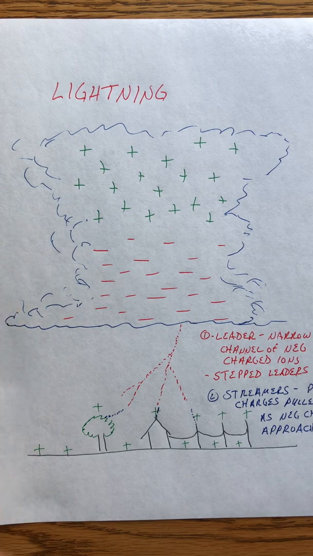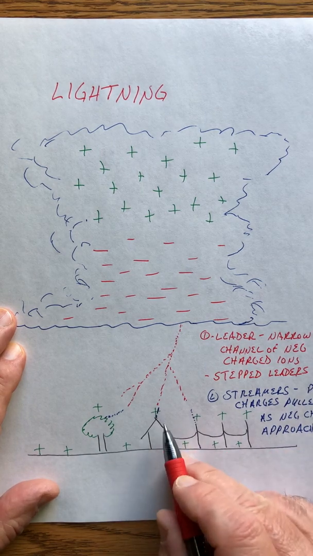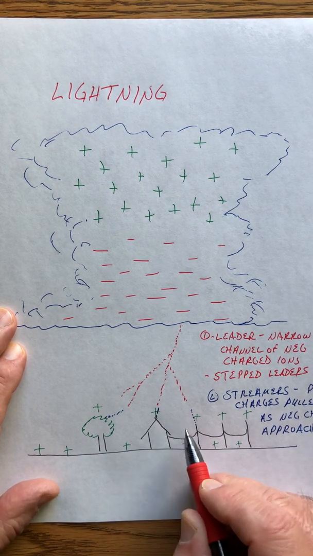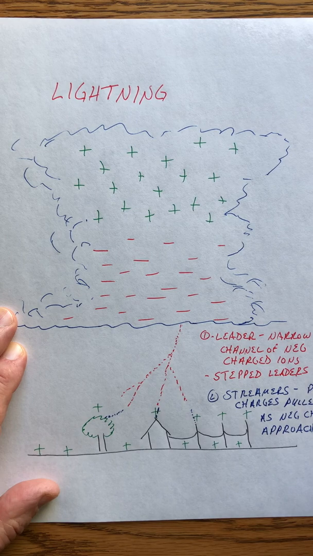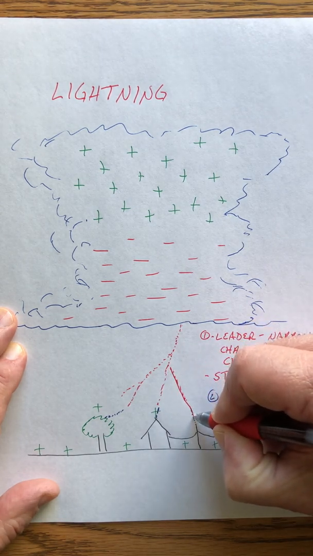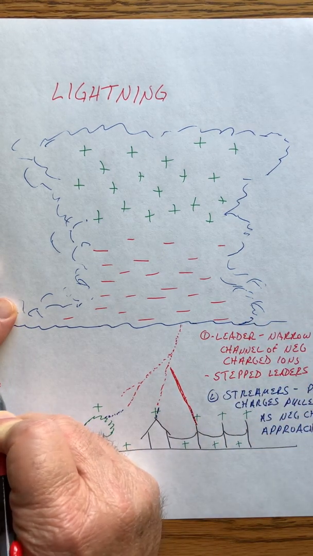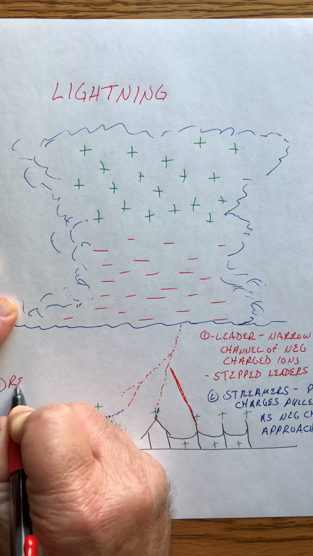When you get this connection between the two, when the negative charges of the leader connect with the positive charges of the streamers, then you get this connection taking place, okay? And this is called a return stroke.